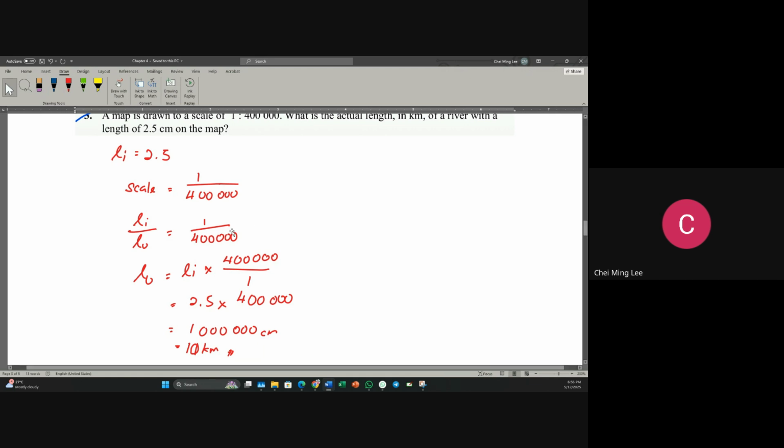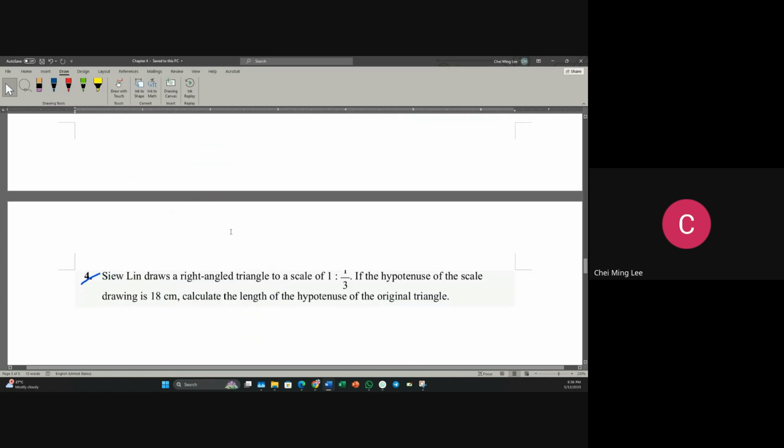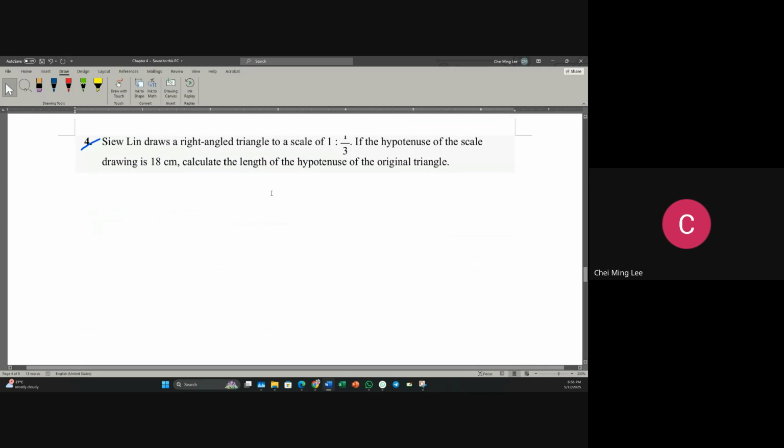Okay. Now for question 4. Sulin draws a right angle triangle to a scale of 1 to, oh, it's 1/3. If the hypotenuse of the scale drawing is 18, calculate the length of the hypotenuse of the original triangle. So the scale is equal to the length of the scale drawing over the length of the original.